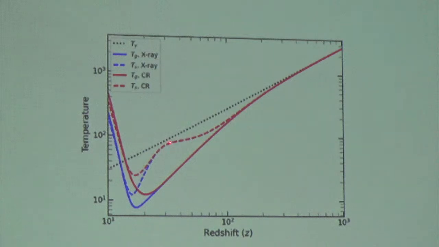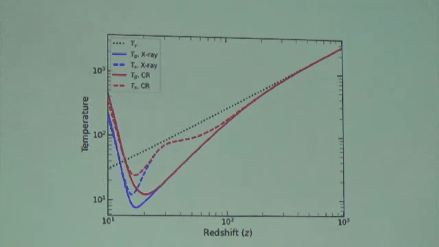It is following the IGM temperature, the solid red line, initially, and that is due to the collisional coupling, XC. The hydrogen atoms collide with themselves, and that makes the spin temperature coupled with the IGM temperature.